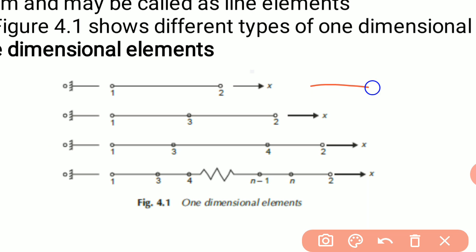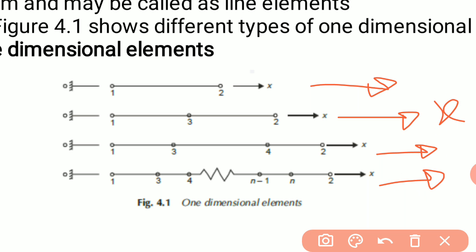These elements are suitable for the analysis of one dimensional problems and may be called line elements. One dimensional elements are line elements, having only one dimension. As you can see here, all the elements are along the x direction. So these are the one dimensional elements, suitable for one dimensional problems, and they are called line elements.